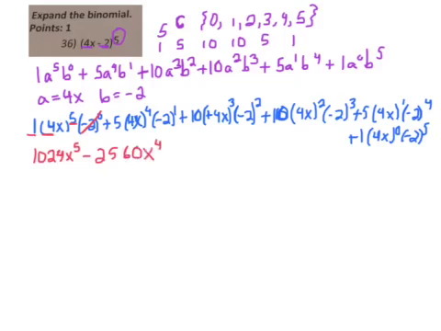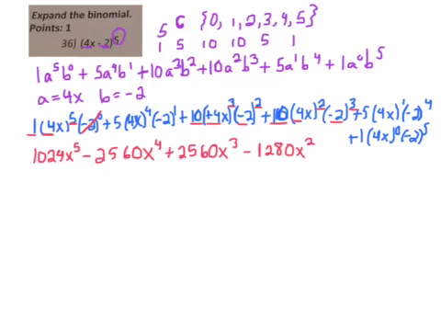And then we're going to do 4 to the 3rd power times negative 2 to the second power times 10, which also gives us 2,560. And then we're going to do 4 squared times negative 2 cubed times 10, which gives us minus 1280x squared.